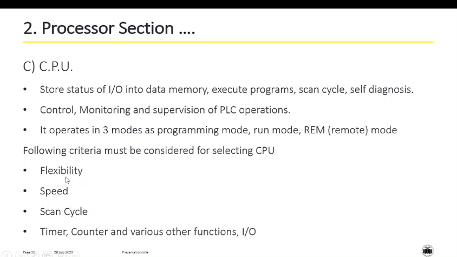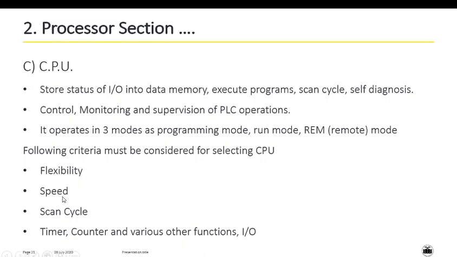So while purchasing the PLC, I will purchase a PLC with modular nature, in which I can insert input output cards and increase the input output capacity of the PLC. So the CPU will be the same, it will just increase the input and output of the PLC. Okay, so if it is flexible, then we can use the same PLC in higher production as well. So flexibility you have to look at.